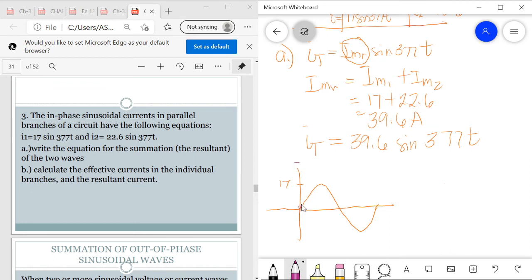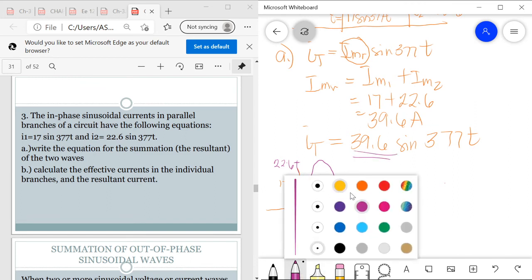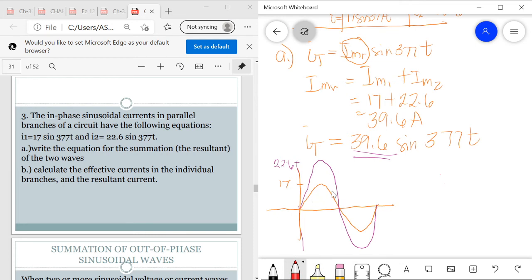Let's say nandyan. They are in phase. Yan. 22.6. So, nasan yung 39.6? So, it is the resultant of I1 and I2. So, let's say nandito na lang. 39.6. Assume natin na dyan. So, ito yung resultant IT.